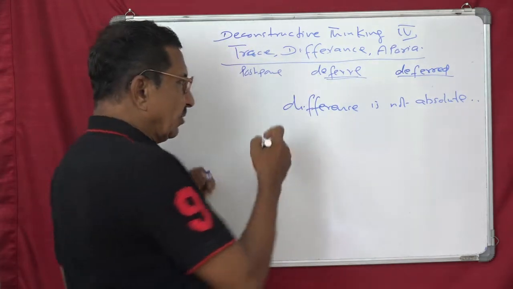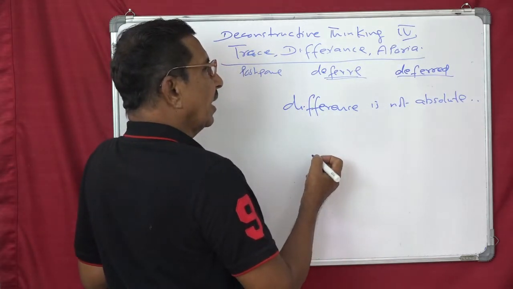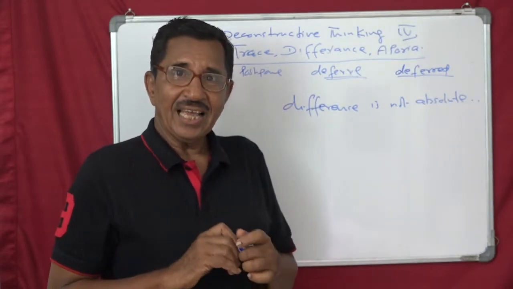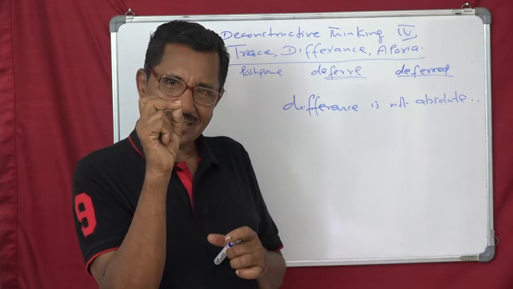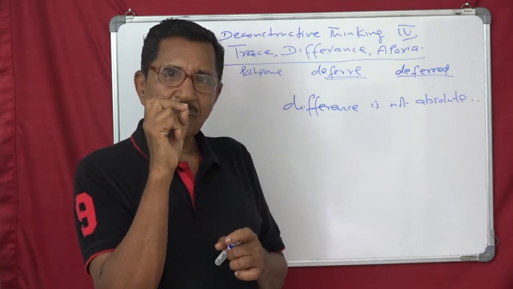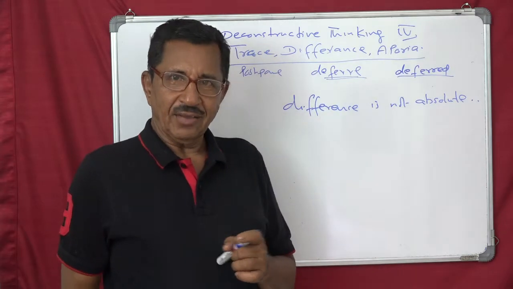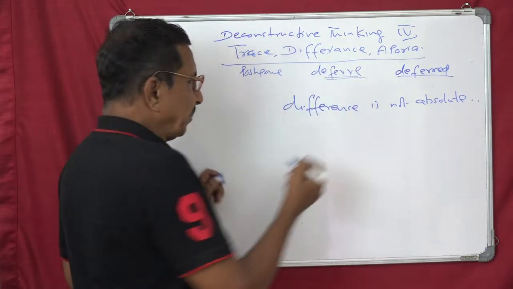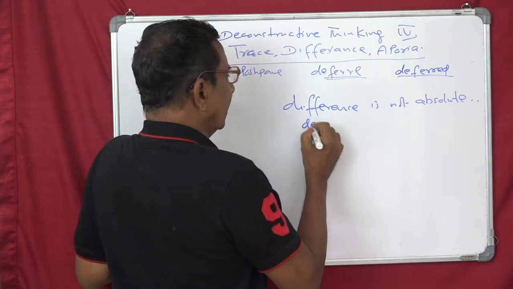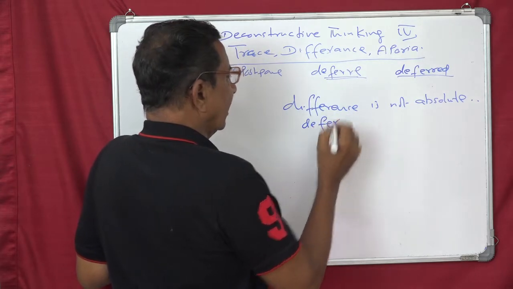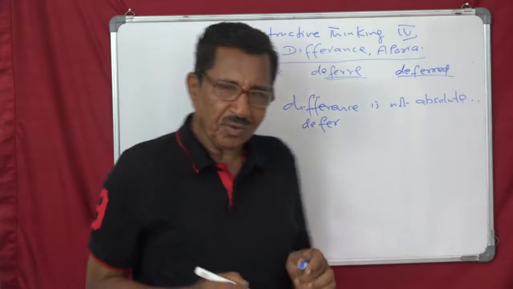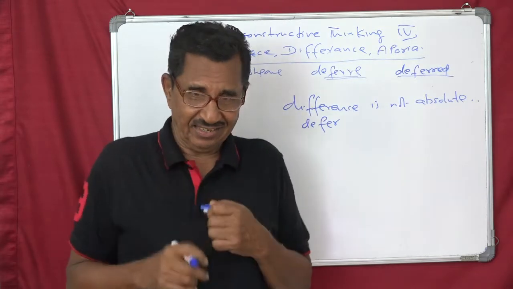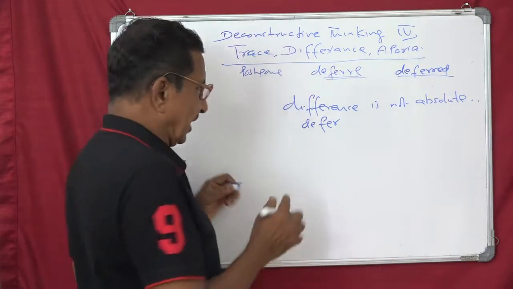If the difference is not absolute, then what will happen? Why is it not absolute? Because a small part of the signified is postponed. If it is not absolute, then something small, tiny, is postponed. And that postponement is called deferring.